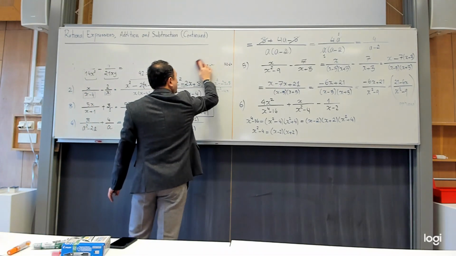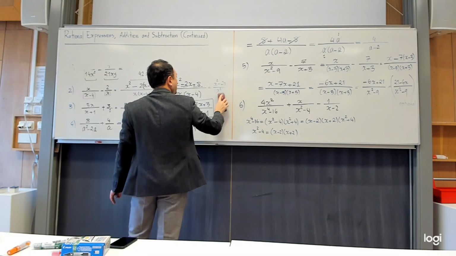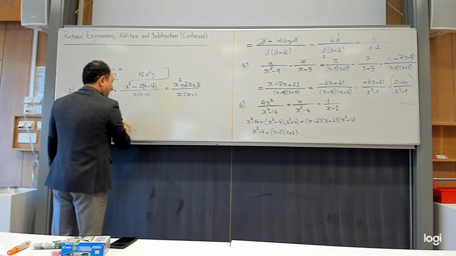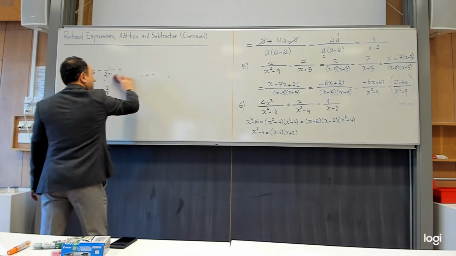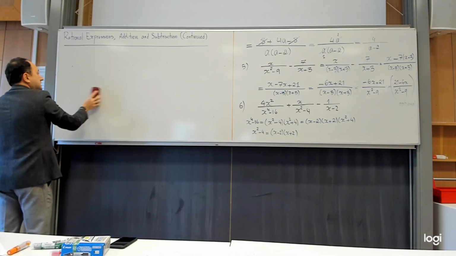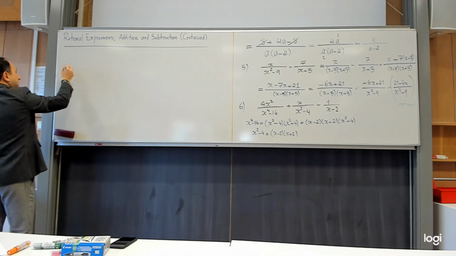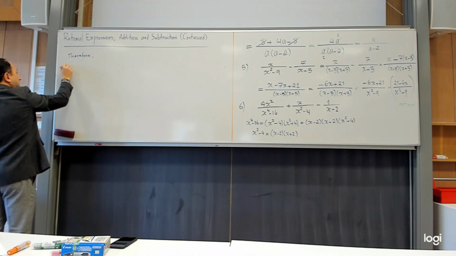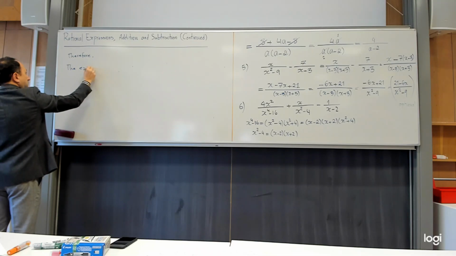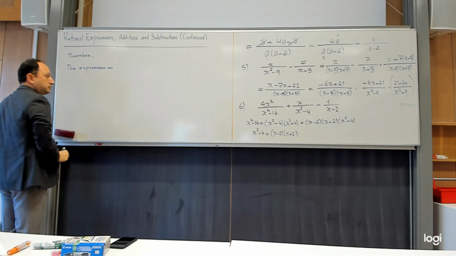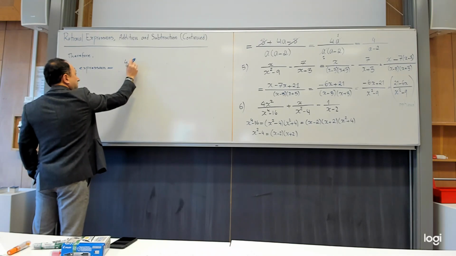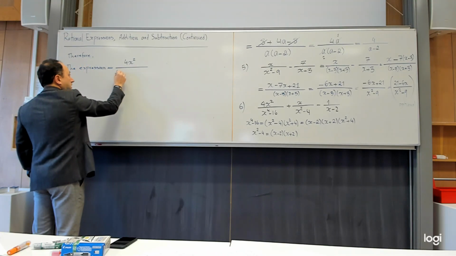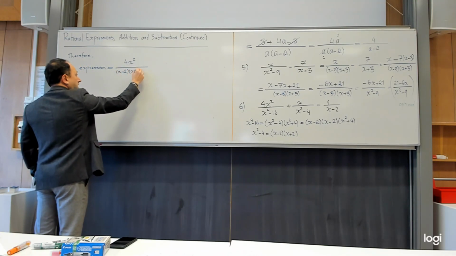Okay, now that you are sure that you have done the factorization part properly, what you have to do is rewrite your question by putting these expressions instead. So what I do, I would say that therefore the expression becomes equal to, I would write 4x squared, and the denominator becomes that long expression, x minus 2, x plus 2, and then what?